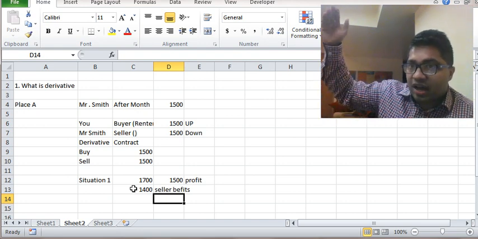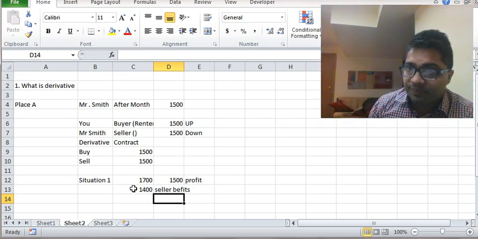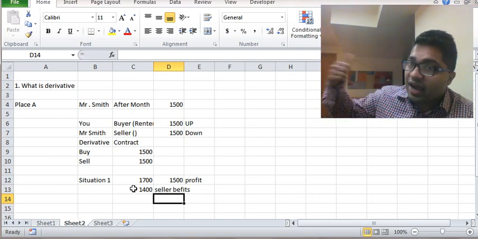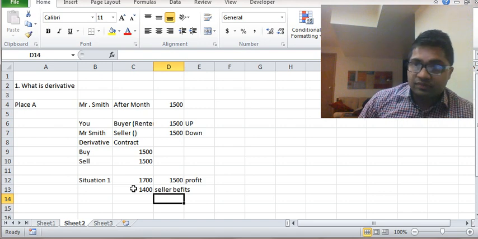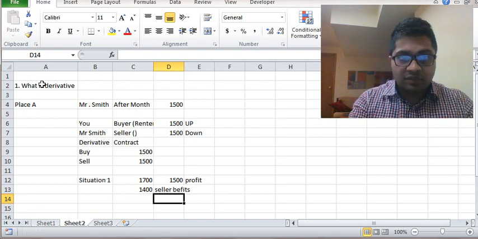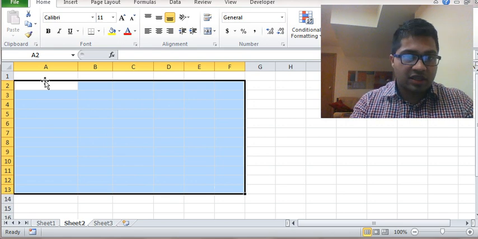If the price goes up, the buyer benefits because he can buy lower than the market. If the price goes down, the seller benefits because, because of this contract, he can sell higher than the market. Okay, so each party having opposite risk is mitigating it. Now let us take something real.